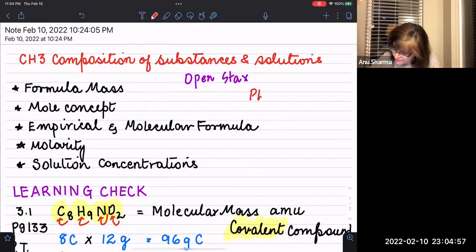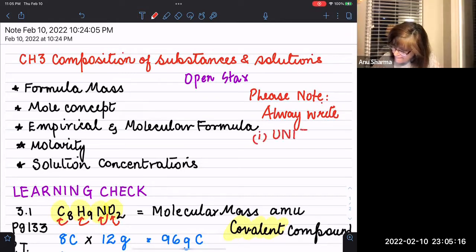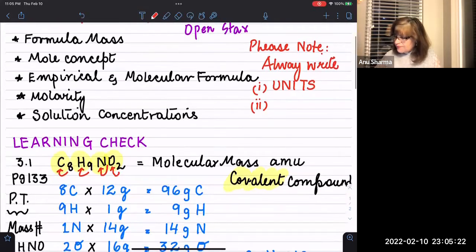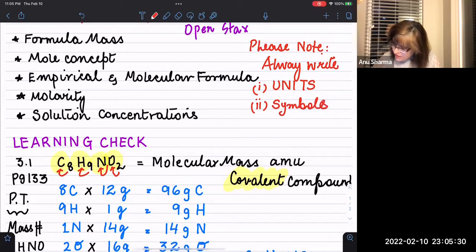Always, please note, number 1, always write the units, and the second thing is the symbols or the formula of the compounds, whether it's ionic or covalent.